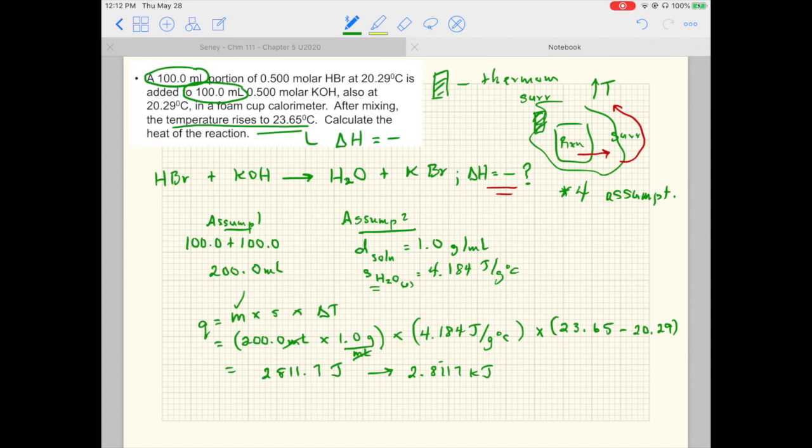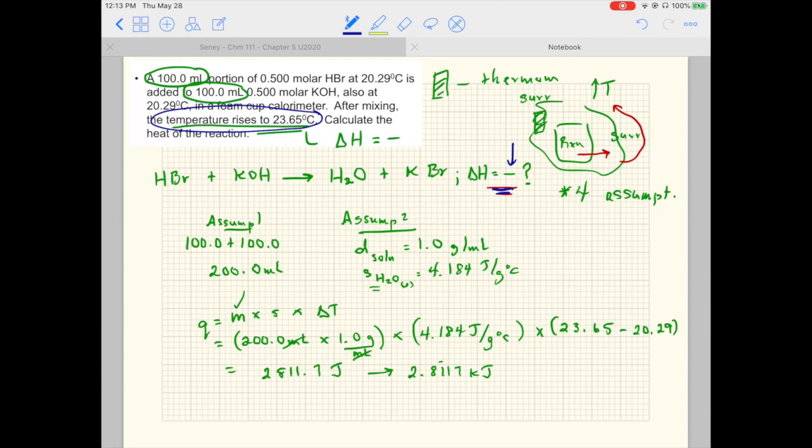We already know that the sign for this has to be negative based on the fact that the temperature rises to 23.65. So we've already assigned the sign of delta H, and we know it's to be exothermic. Now, because this is a stoichiometric relationship and we have a balanced equation, delta H must be based on the balanced equation.